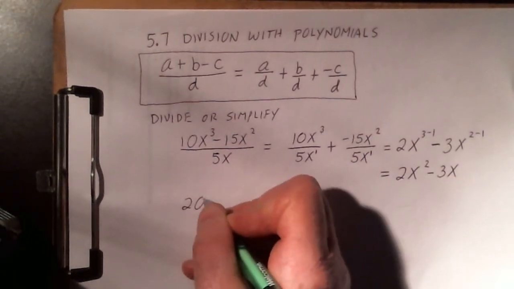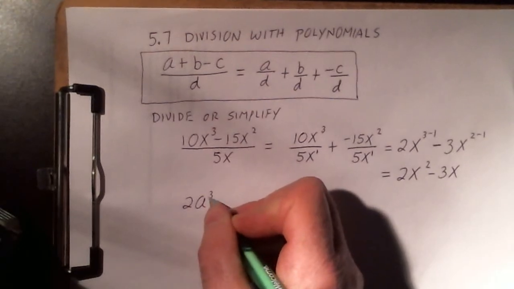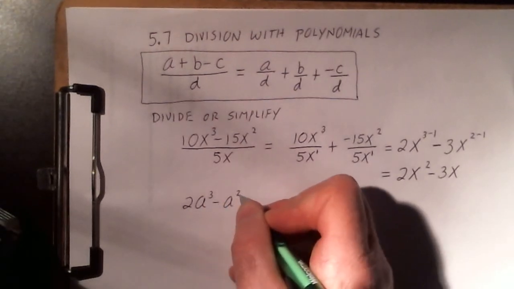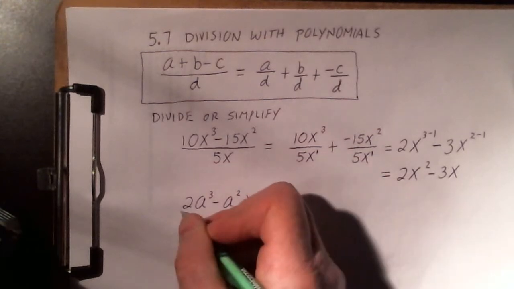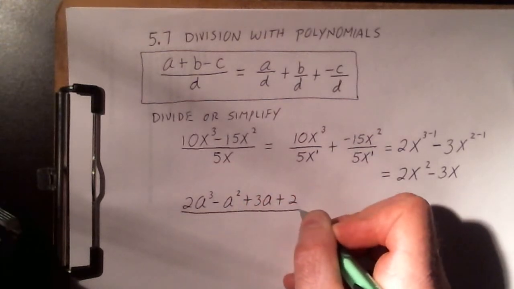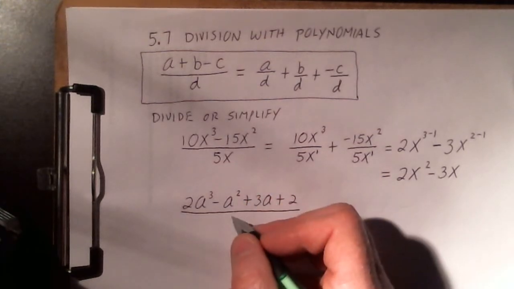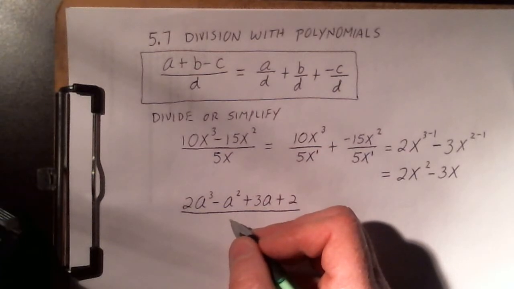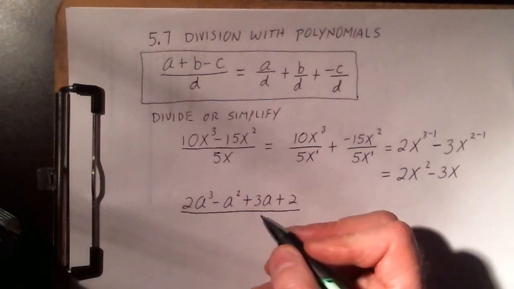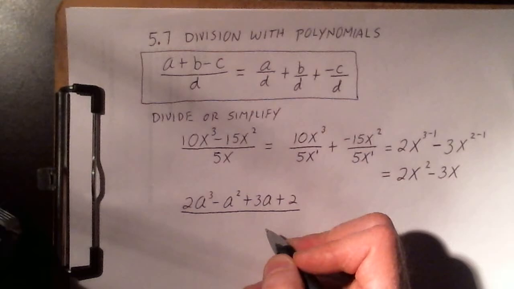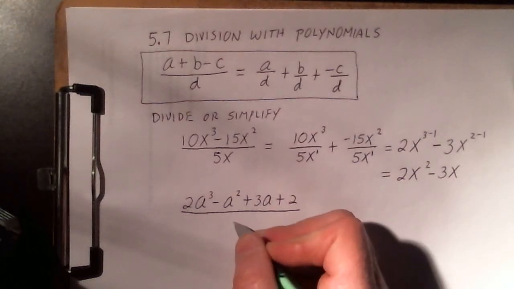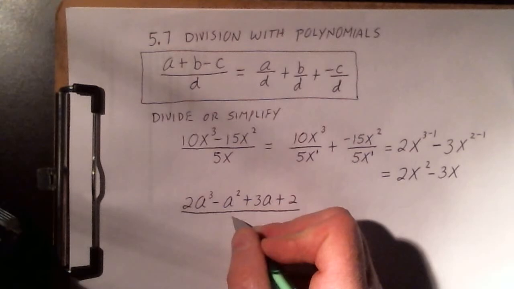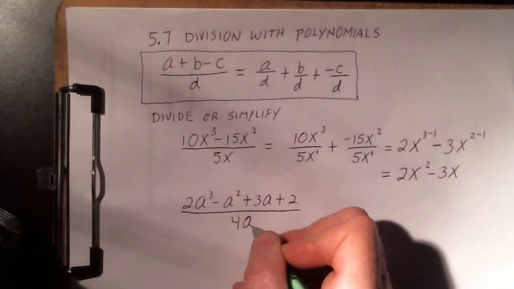Try this one. 2a cubed minus a squared plus 3a plus 2, and this whole polynomial is going to be divided by 4a.